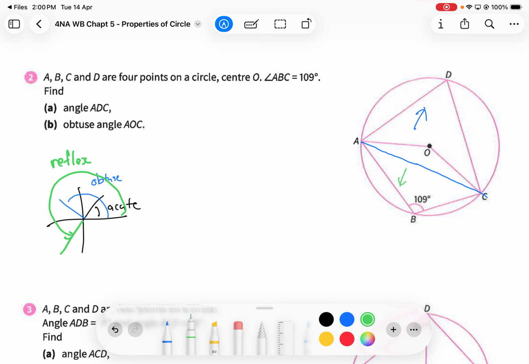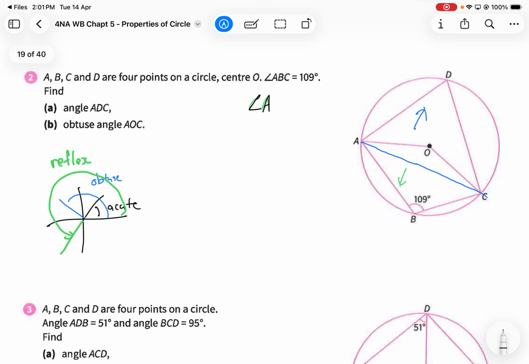So, what is special about these two angles when they form AC, touching the circumference here, then AC touching here on the circumference? When they are on opposite sides, they will add up to 180 degrees. Okay? Meaning, angle ADC plus angle ABC, they add up to 180.